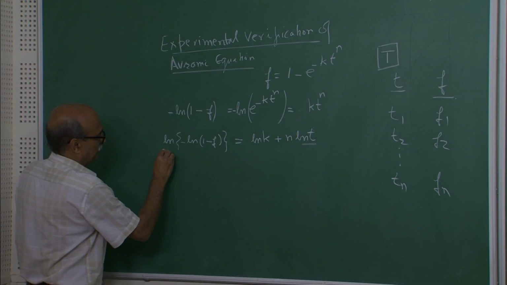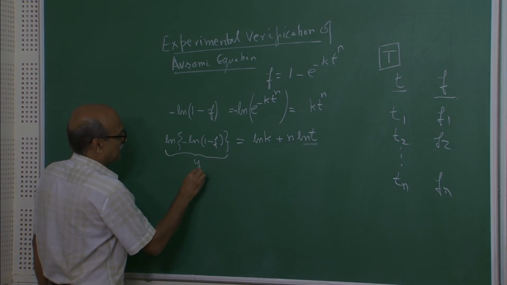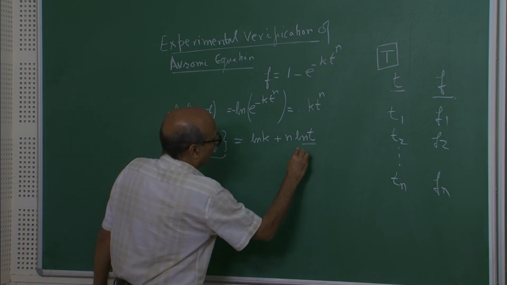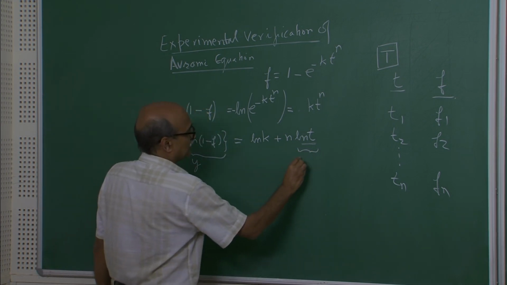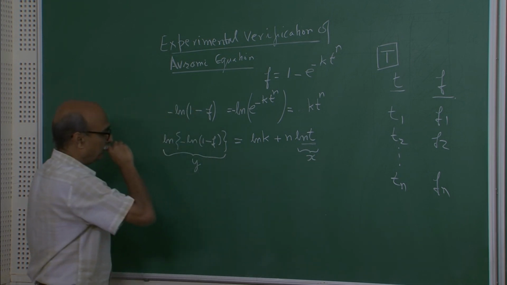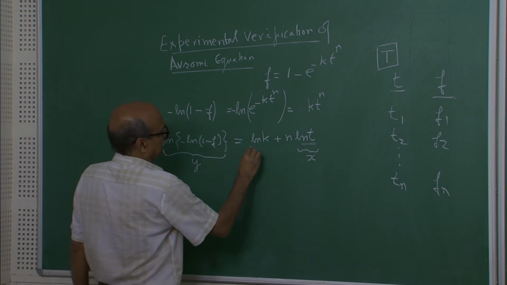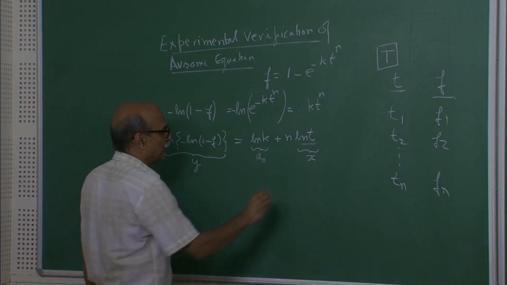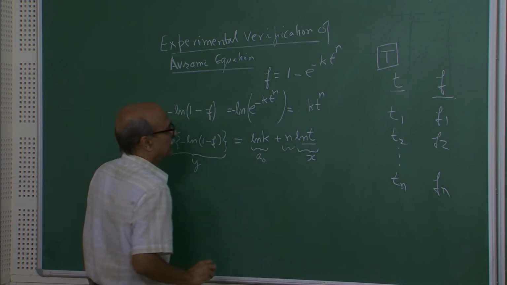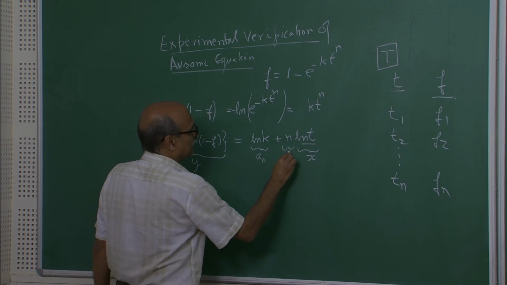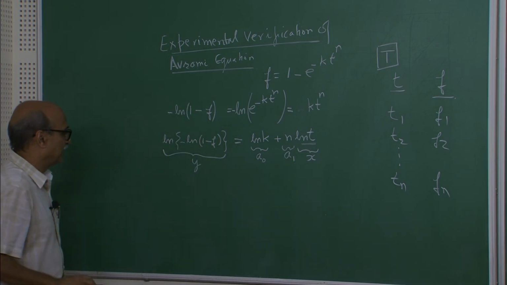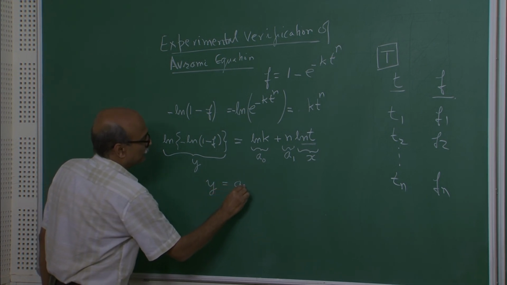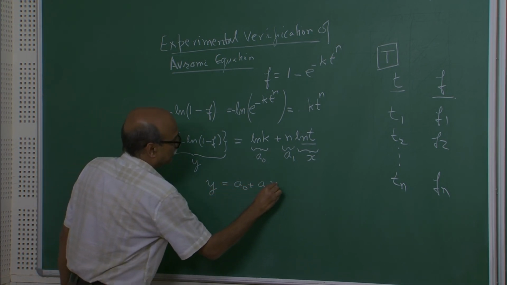Let me call the left hand side simply y, the right hand side log t, let me call it x, log k, which is the intercept, let me call it a0, and let me call n as a1, so that I have a simple form of the linear equation y equals a0 plus a1x.